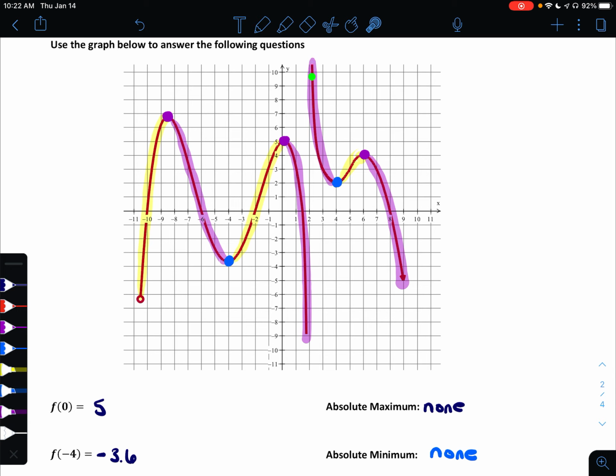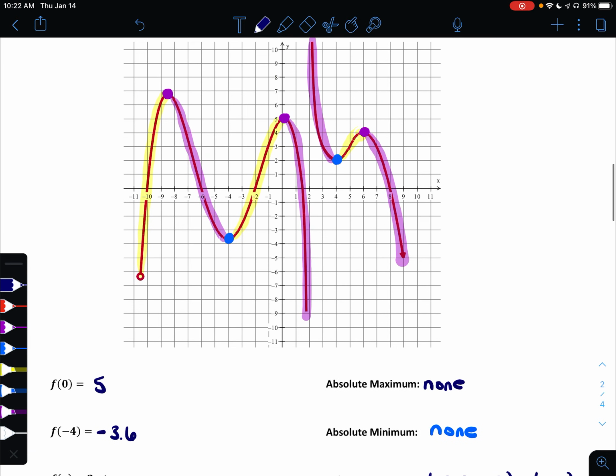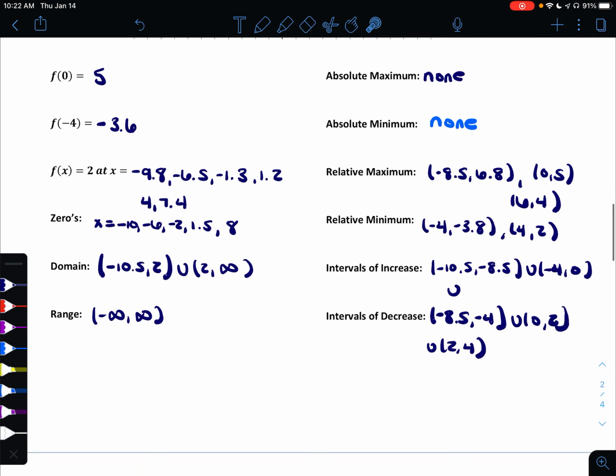So from x equals 2, where we have that break, until our minimum at x equals 4, we're decreasing. So 2 to 4, we're decreasing. All right, then we're increasing again from x equals 4 to x equals 6.